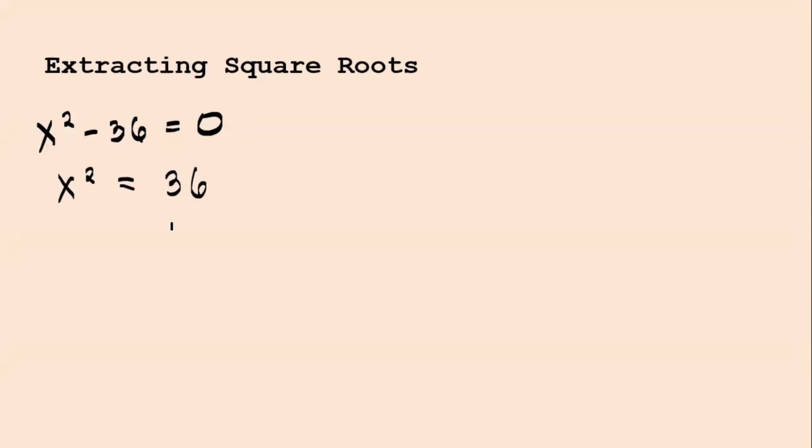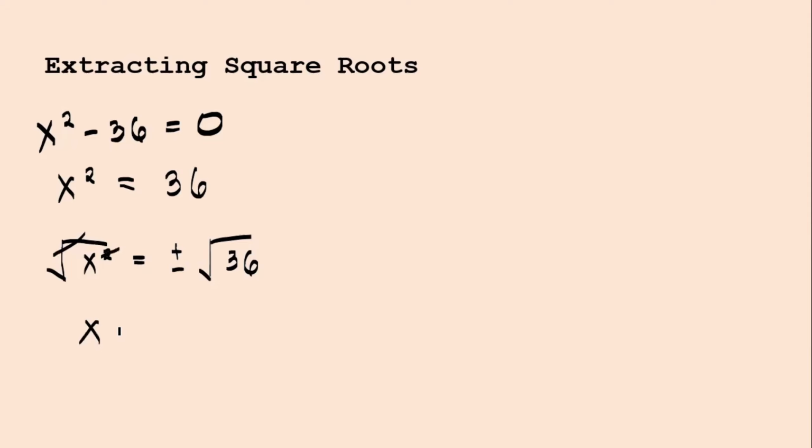Again, x lang yung kailangan natin. You need to eliminate the exponent 2, and to eliminate this exponent 2, you need to get the square root of both sides. So square root of x squared, then positive, negative, square root of 36. The square root cancels the exponent.